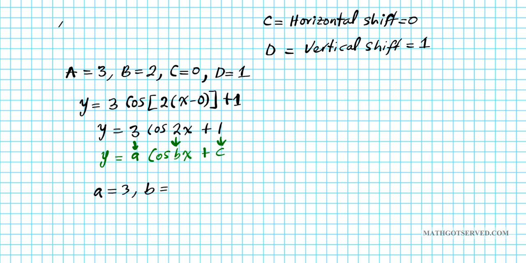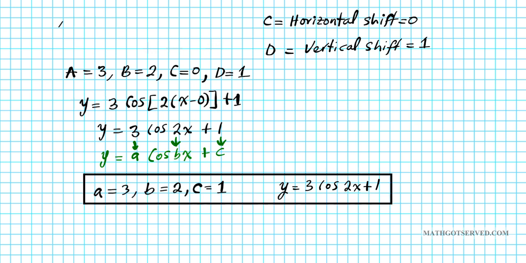B is a coefficient of x, which is 2. C is equivalent to our vertical shift, which is 1. And also we have the equation y equals 3 cosine 2x plus 1 as the equation of our function. Okay, so we're asked for two things here, so we want to make sure that we provide both answers.